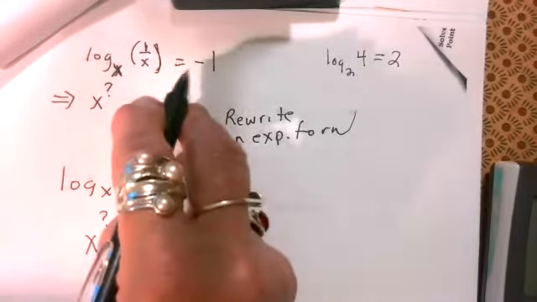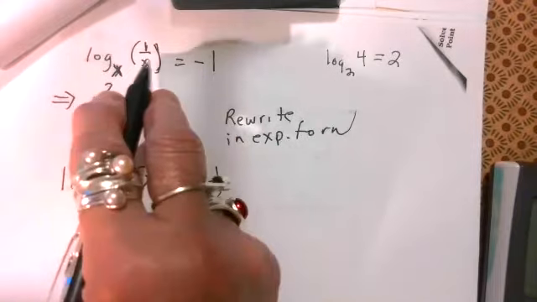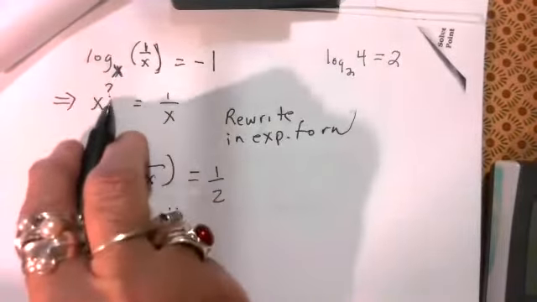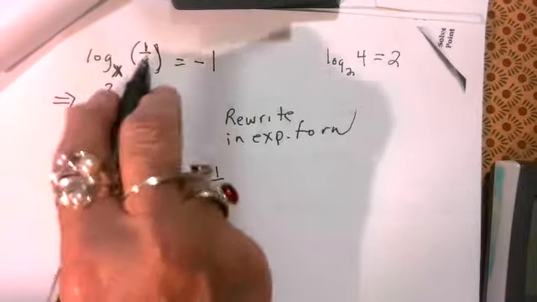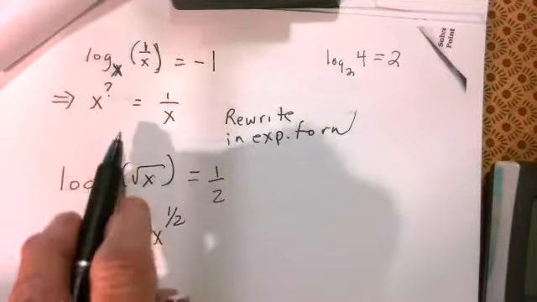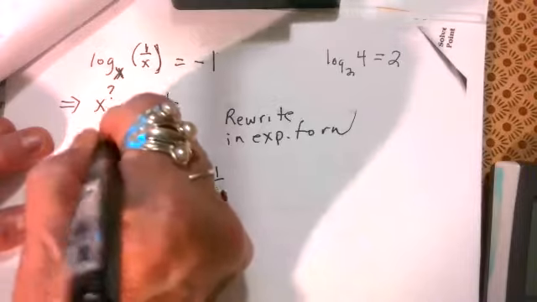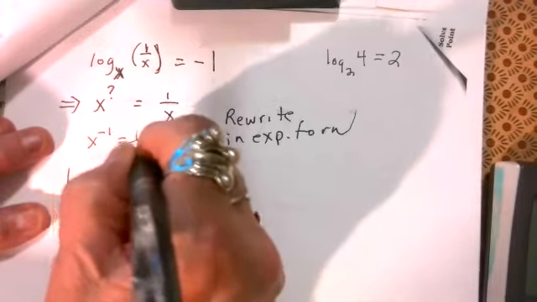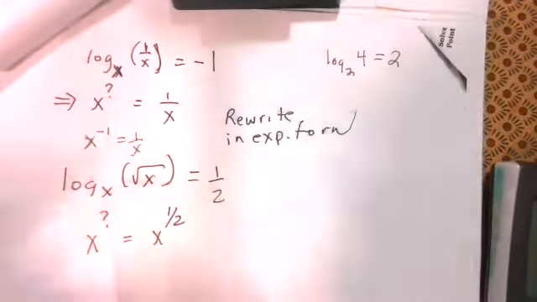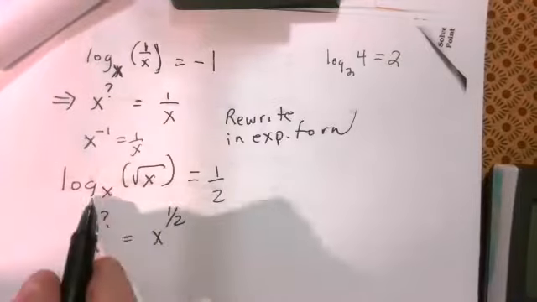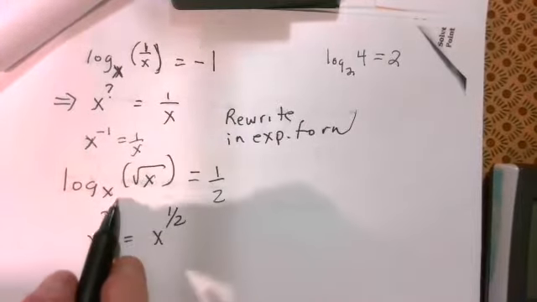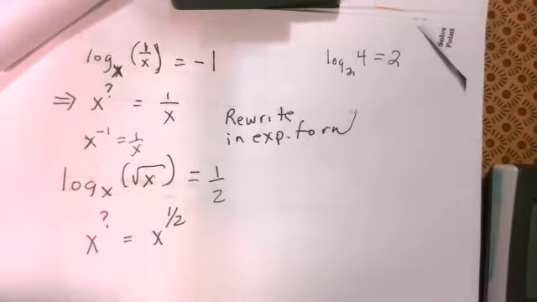So you would need to understand like this, that you're going, what power do I raise the base to get 1 over x? Well, you'd have to raise x to the -1 power to get 1 over x. And here's where you really have to understand your exponents. Or a problem like this, log base x of square root of x.